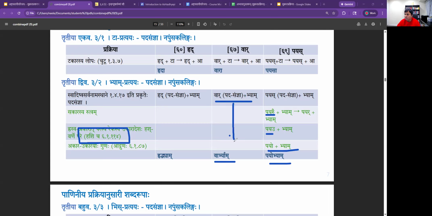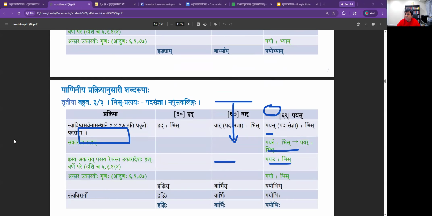And for var you cannot apply hashicha. Why? Because it has to be a ru and not a ra. Very good. So again, the same r which is in payar has a different fate, and var has a different fate because it is generated because of ru, and therefore you have hashicha over there.